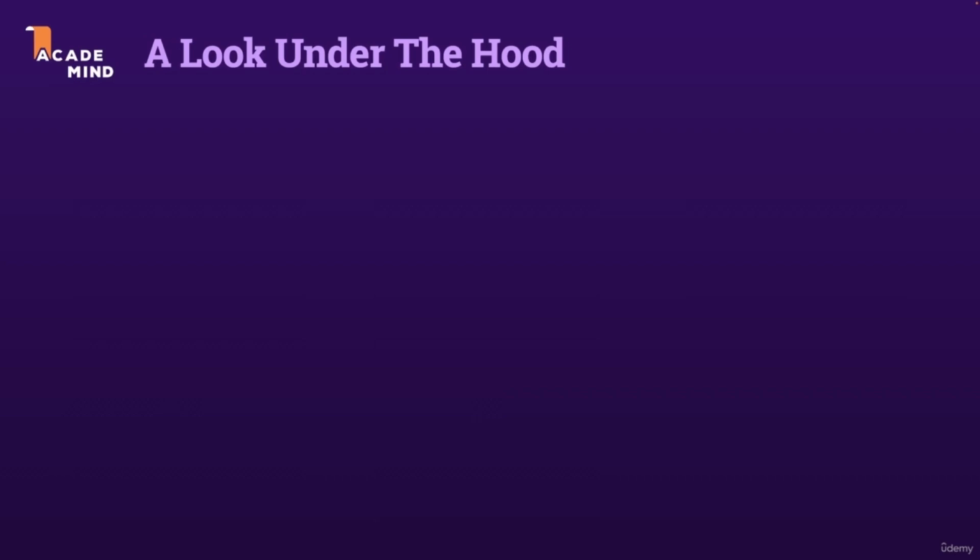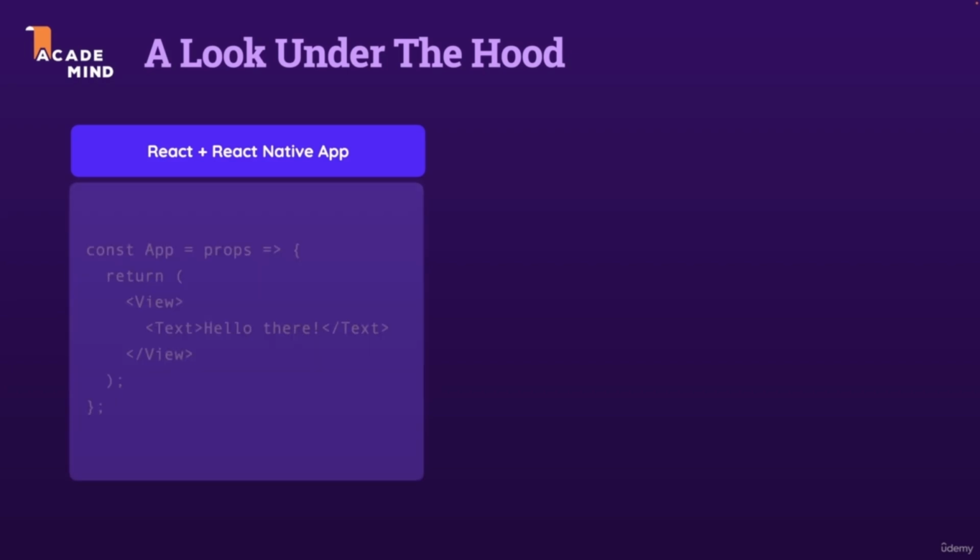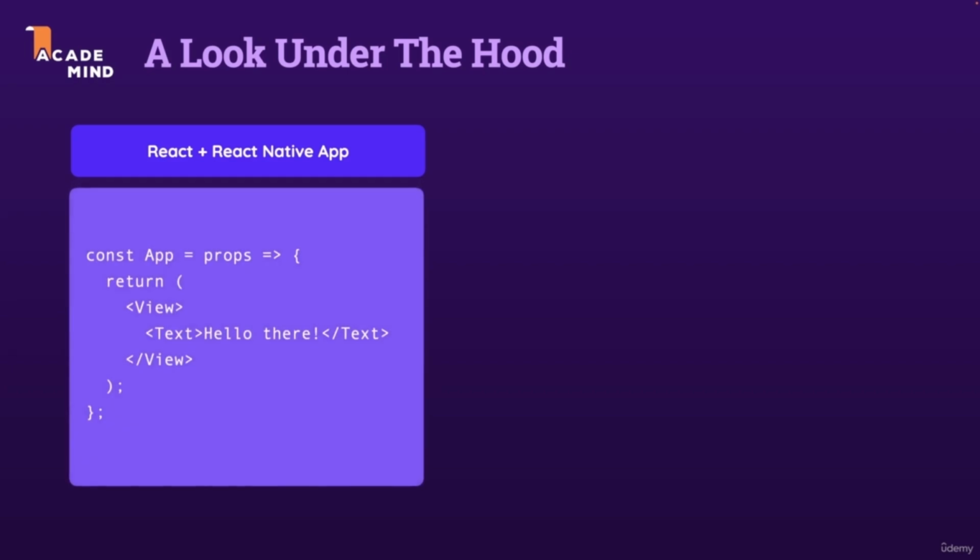Now, how does React Native work under the hood, though? If you're building a React and React Native app, then you're typically writing code like this, which should look very familiar if you worked with React.js before, maybe or most likely for building browser-based apps. This is a React component, what you see here.